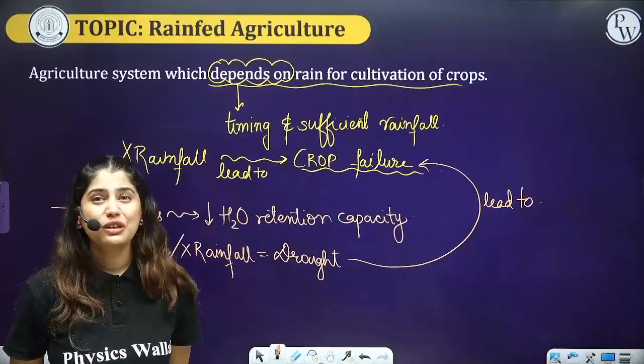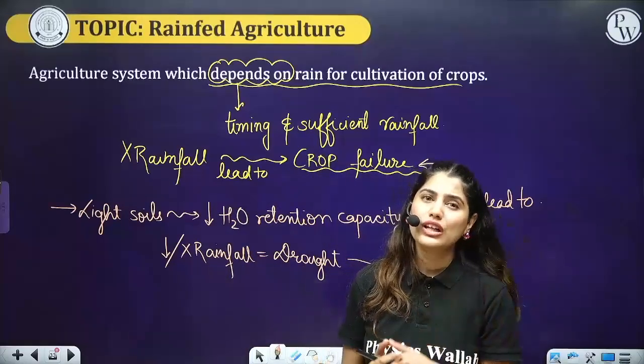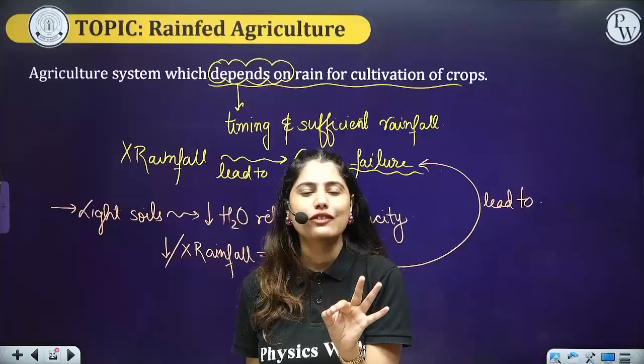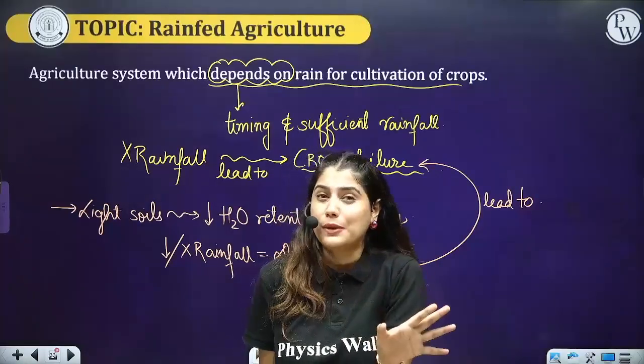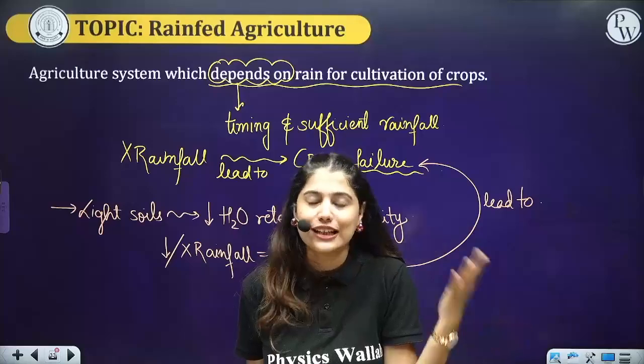Now scientists will be like, this is a very big issue. How are we going to deal with this? Scientists are very clever. They'll be like, we are going to develop a crop which can tolerate drought conditions. Isn't it great?